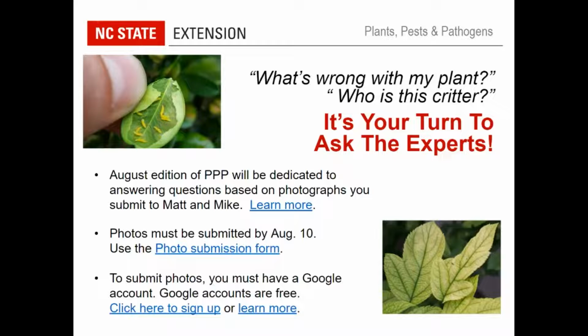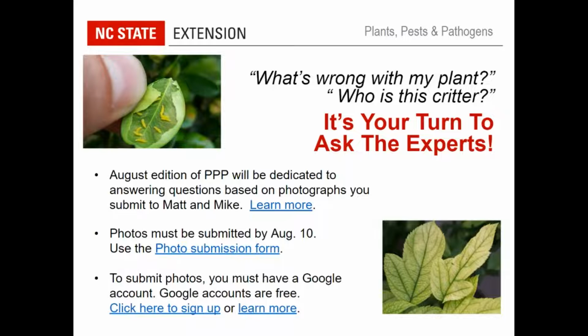It is important to know, though, that to submit photos using the Google form, you have to have a Google account. So a Gmail address, you might have that. That means you have a Google account, or you can simply have a Google account to use these features. There's also information here to help you get a Google account if you don't have one, which is free and very easy to sign up for.